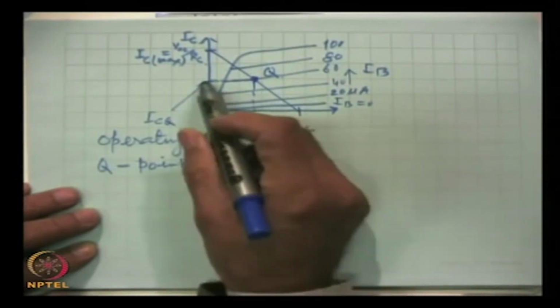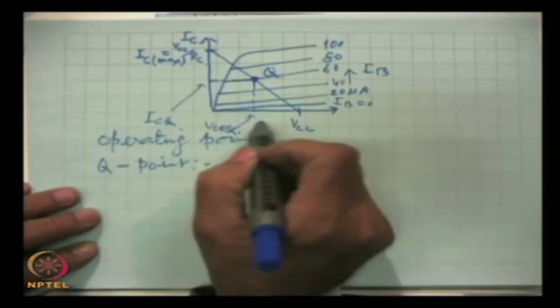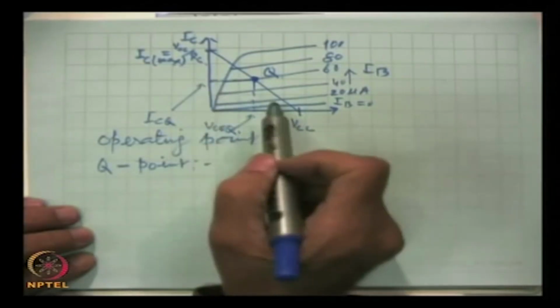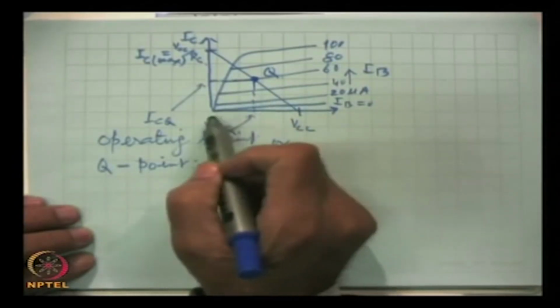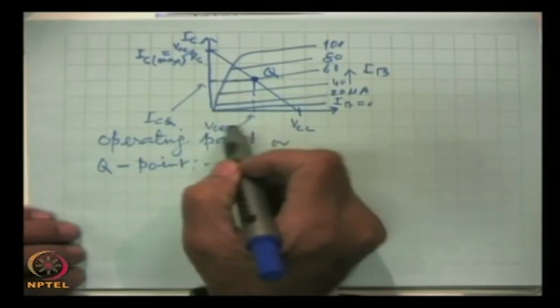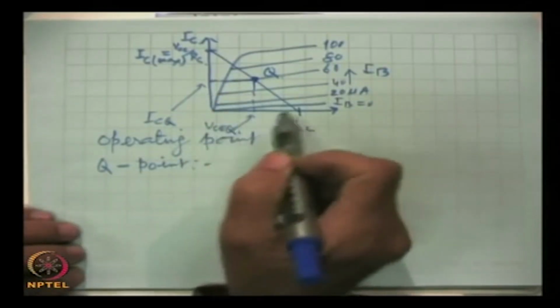These are the Q point values for the collector current and the voltage drop across the transistor, the collector and emitter junction, that is VCEQ.